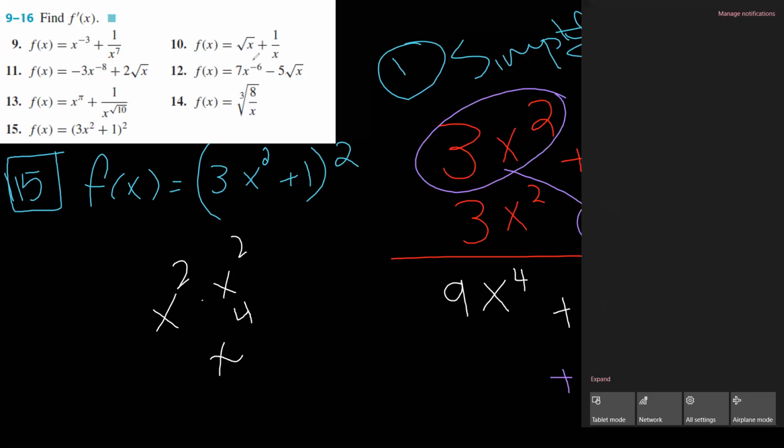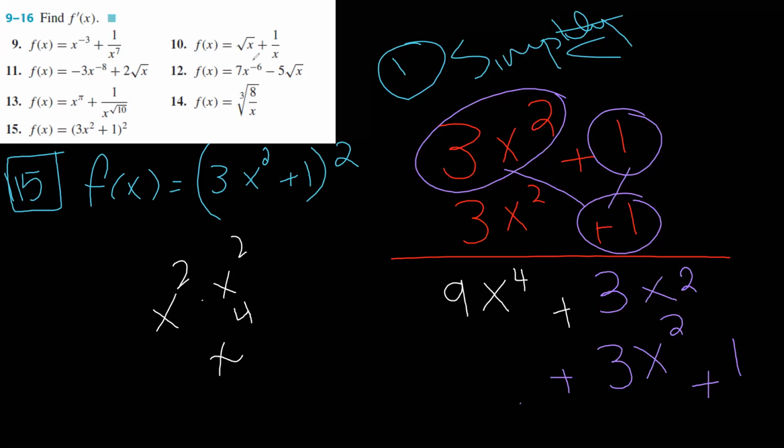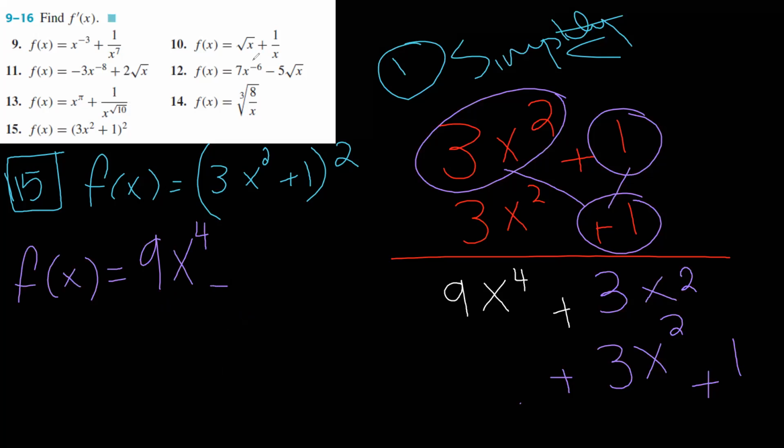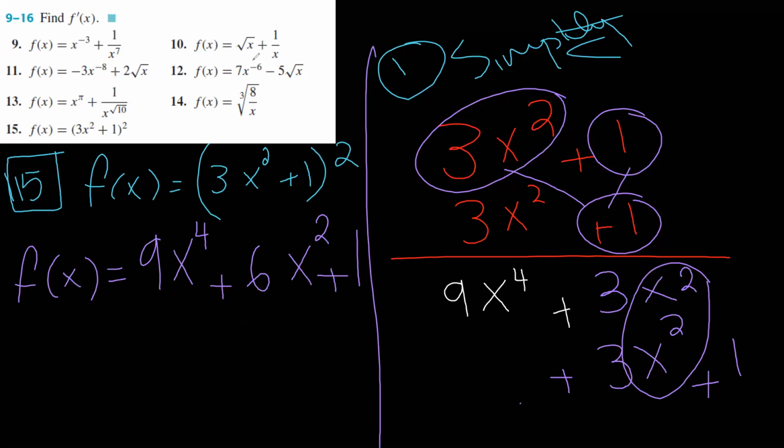So the final answer is f of x is 9x to the power 4 plus 3 plus 3 is 6x to the power 2. Now I can add them since they have the same power. Plus 1. Is it clear now? Yes, teacher.